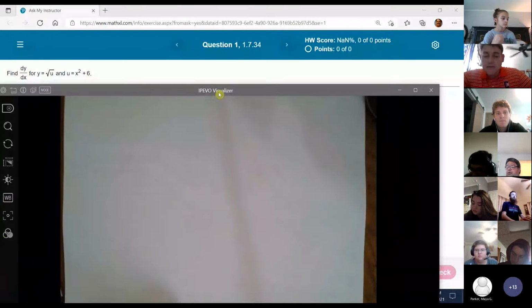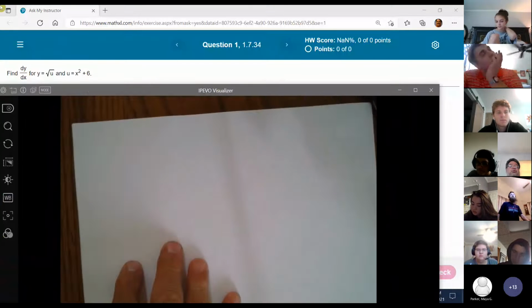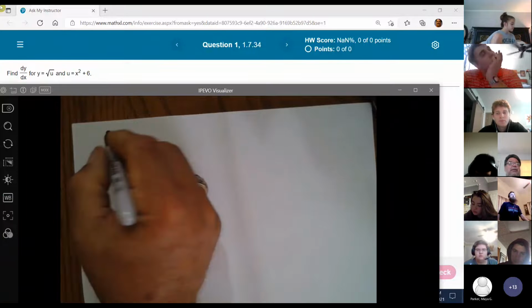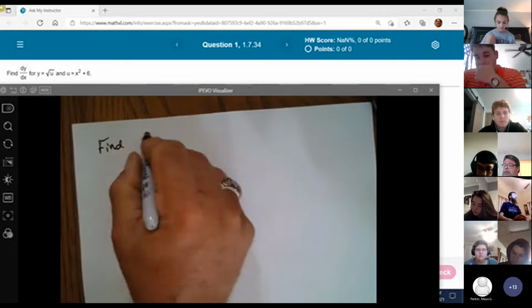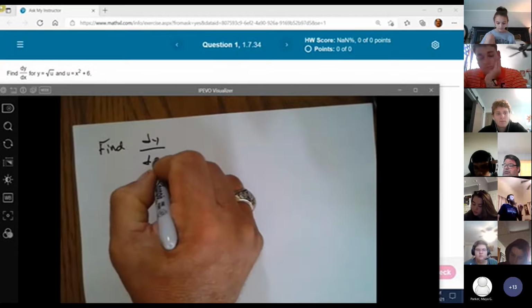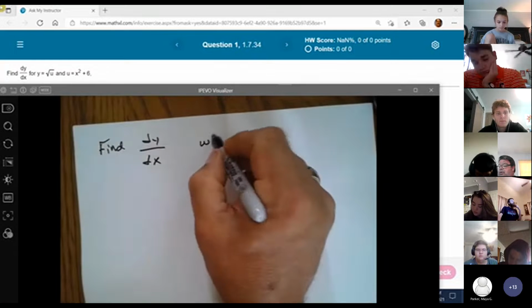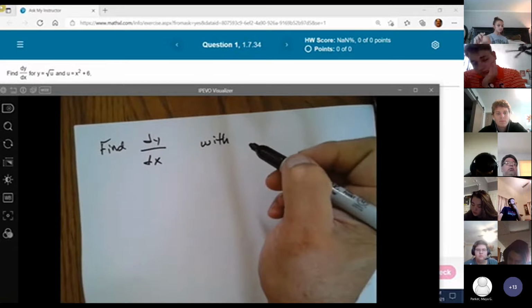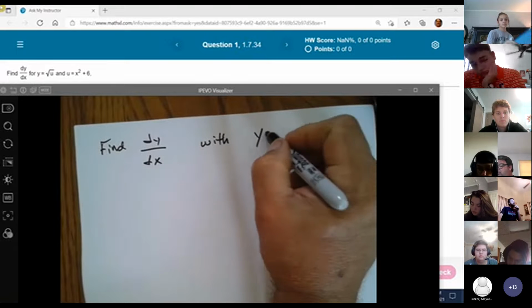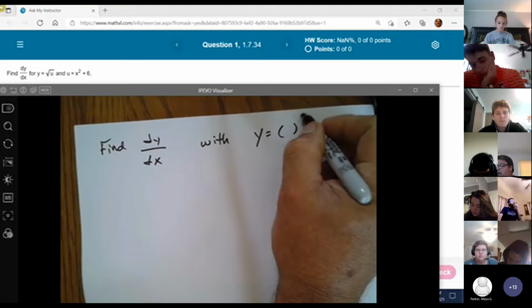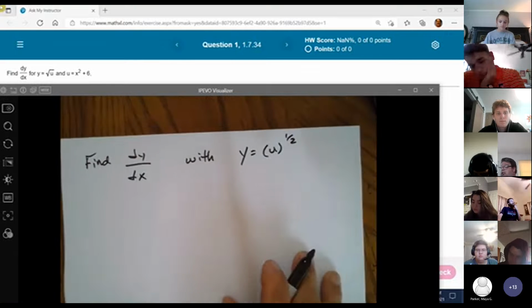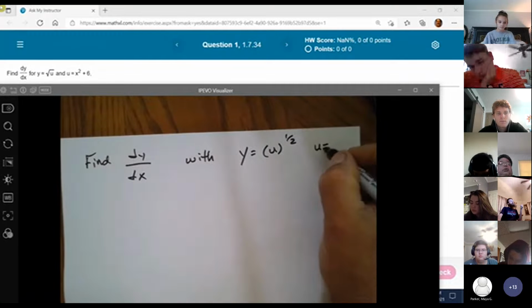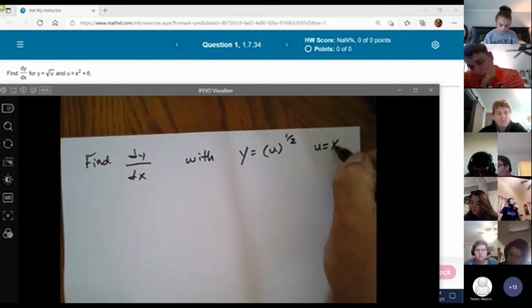So it says find the derivative with respect to x. Find dy/dx with y equal to 1/2 u to the 1/2 and u equal to x squared plus 6.